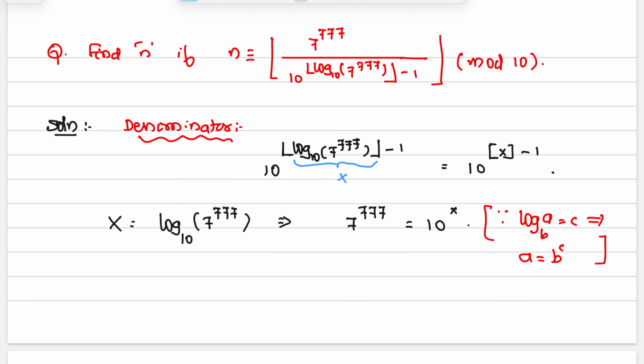Now again taking logarithm on both sides, it implies x into log 10 to the base 10 is equal to 777 into log 7 to the base 10.